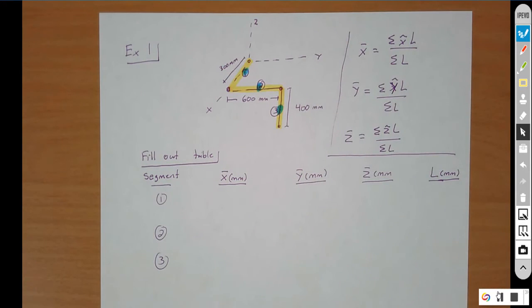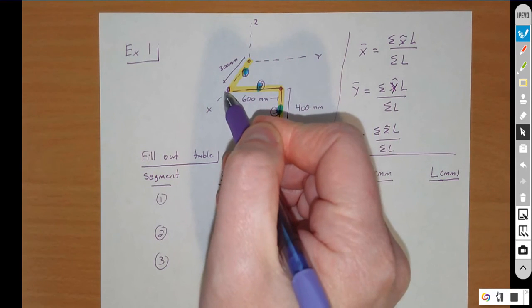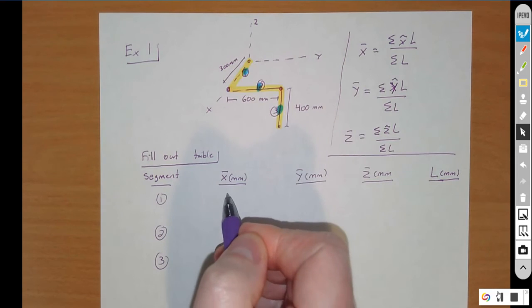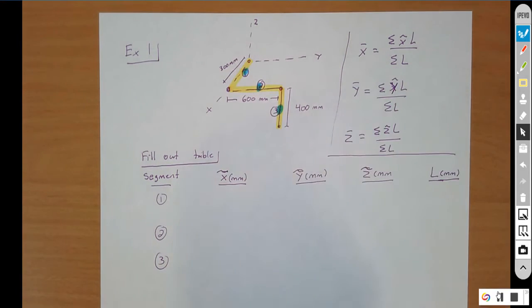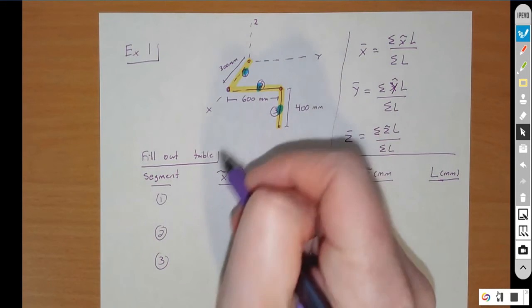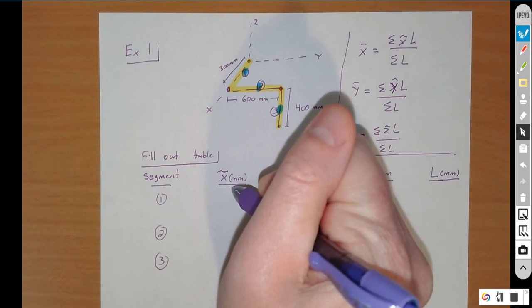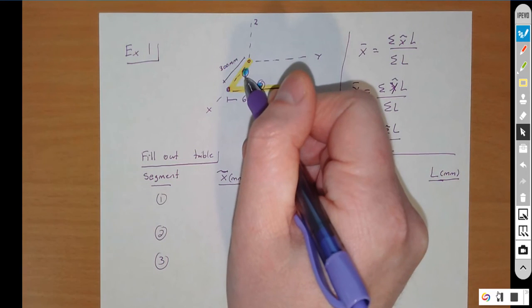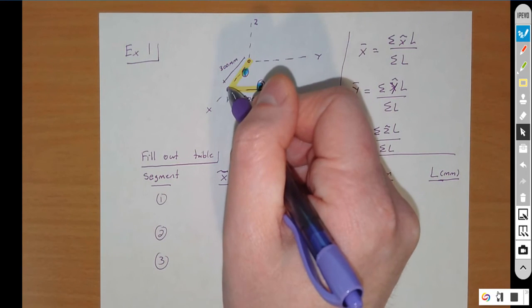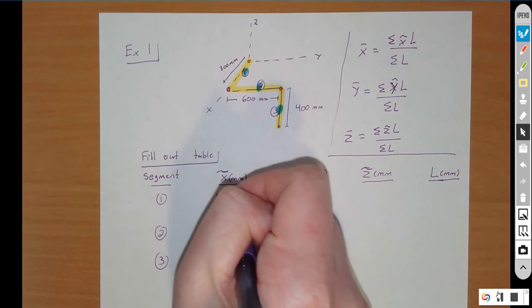Alright, so let's look at segment 1. Segment 1 is this piece, the first piece that runs along here. We want to know where it is, so I suppose I should probably use tildes here instead of just bars, because we're only finding it for that specific segment. So for segment 1, the midpoint of this, the centroid of this wire, is right here where I've marked the blue spot. This thing is 300 millimeters long, which means its midpoint is at 150. So I will record it in millimeters.